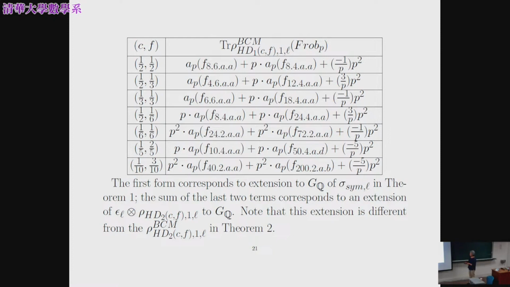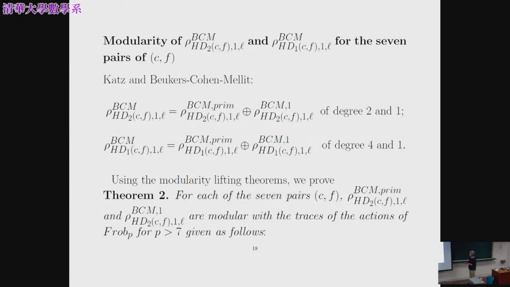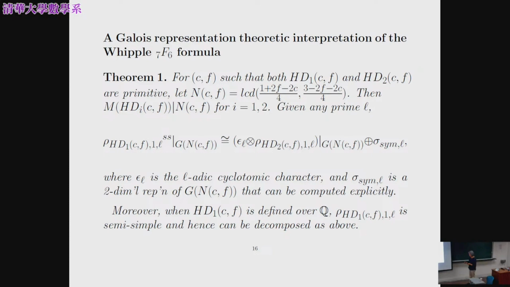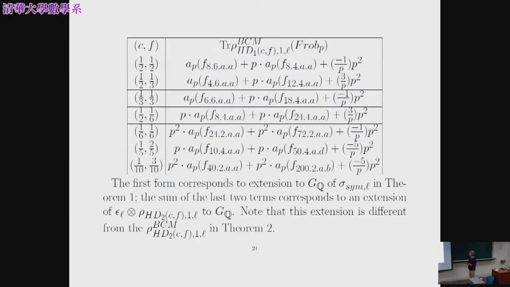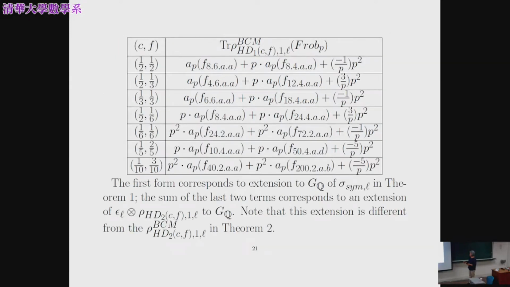And the other piece, because it has the twist by the cyclotomic character, all the traces will have a p sitting in front. So that is the second plus third. Second plus third together is coming from the representation attached to the second datum.